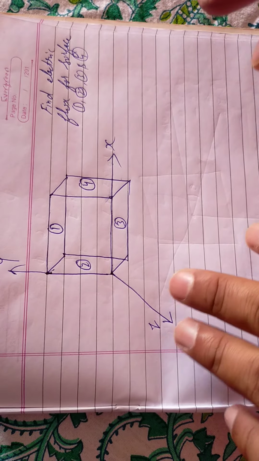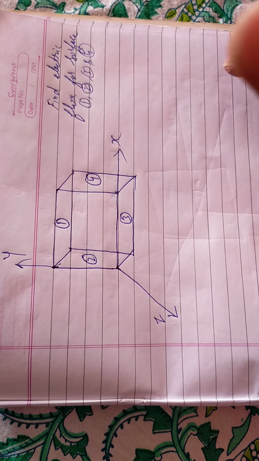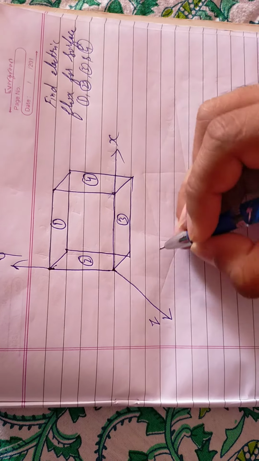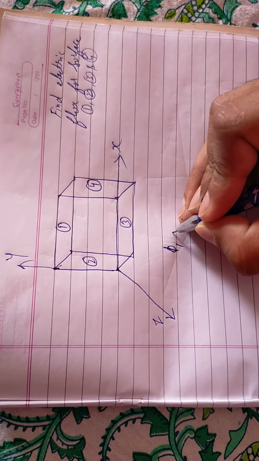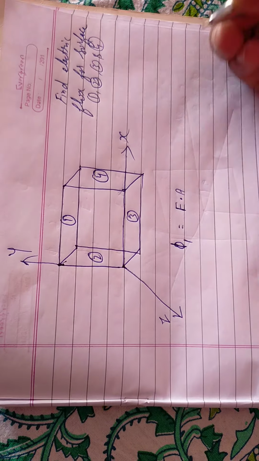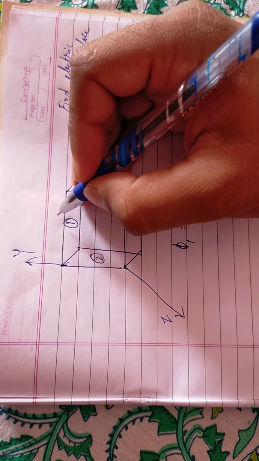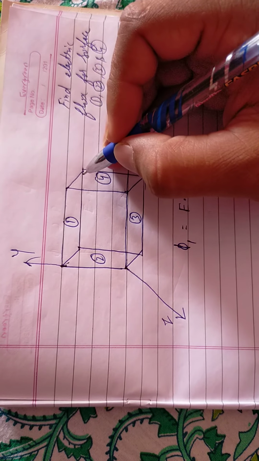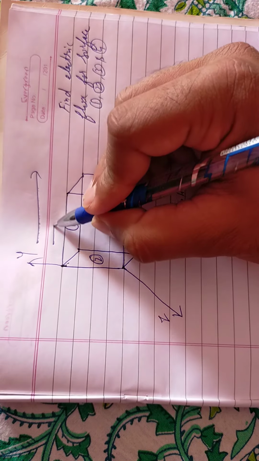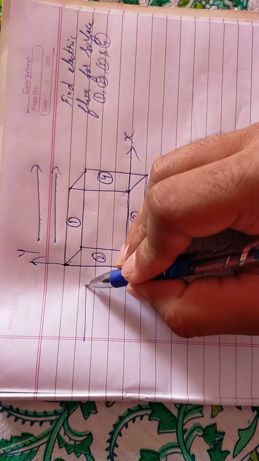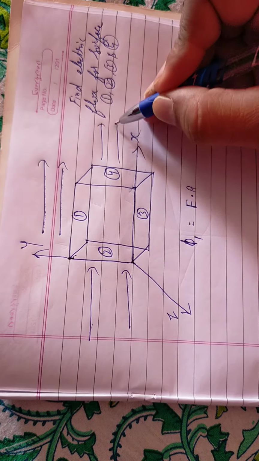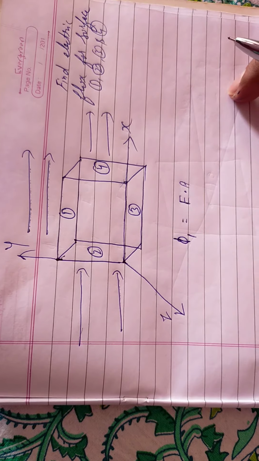Now before calculating the electric flux you have to know the area vector, because for the first surface phi 1 will equal E dot A. Now the electric field lines are along this direction, means the electric field lines are going this side.